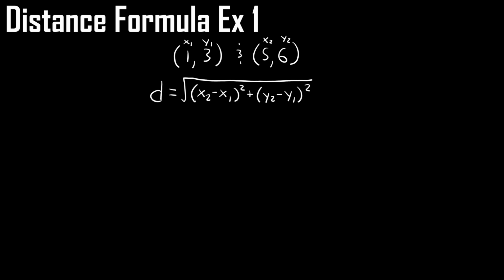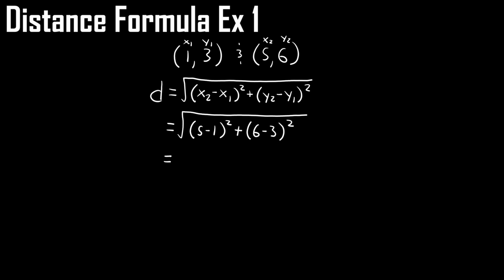So now we can plug into our formula. So we will have 5 minus 1 squared plus 6 minus 3 squared.